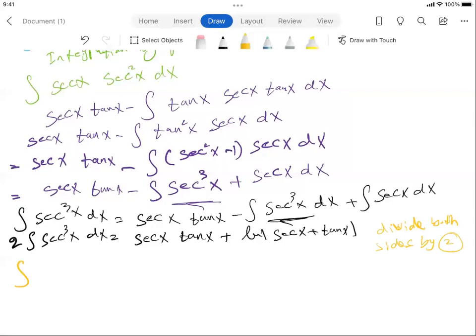So our final answer: the integral of secant to the 3rd power of x dx is 1/2 times secant of x tangent of x plus natural log of the absolute value of secant of x plus tangent of x, plus the constant c. Okay, I think that is all I have for today.